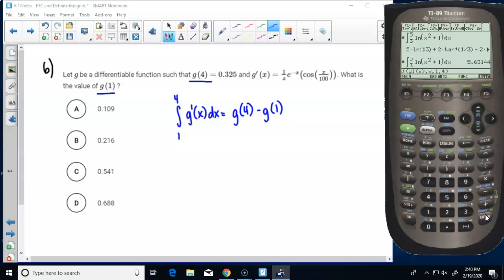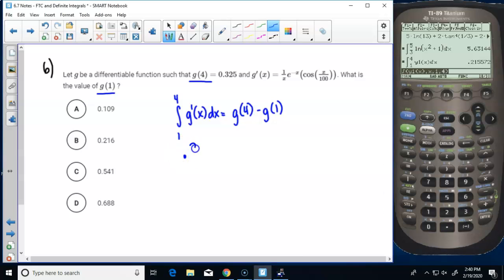I probably should have hit the green button before I hit enter. Oh no, it gave me a decimal. Did you guys get the same thing that tried it? So we get 0.21557 equals g of 4, which is 0.325. And so we could subtract that 0.325.